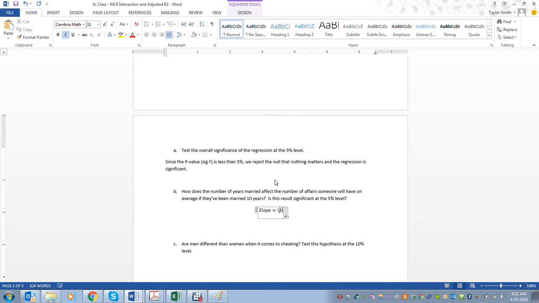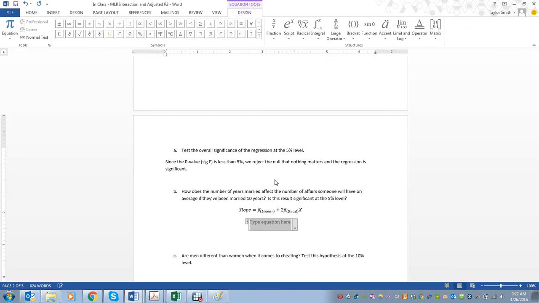And remember that it is beta linear plus 2 times beta quad times x. That's our formula.